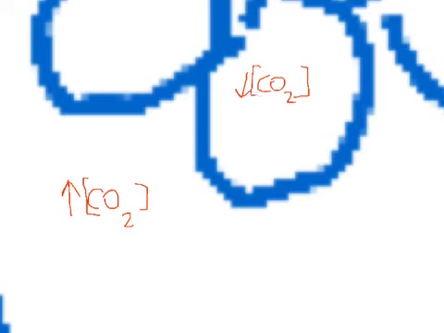What happens here is you've got carbon dioxide in the bloodstream carried away from the muscles, so you've got a high concentration of carbon dioxide in the capillaries and a low concentration of carbon dioxide in the alveoli.